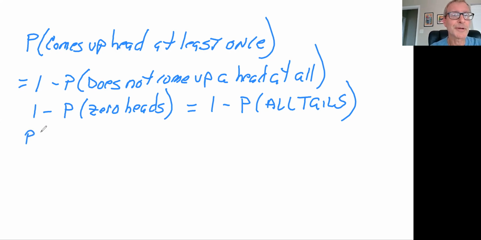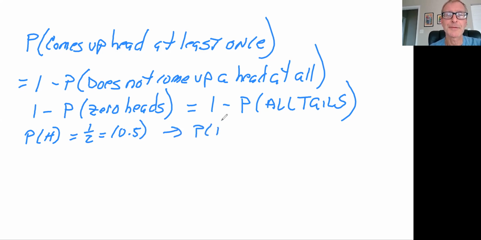So the probability of a head would be 1/2 or 0.5, and the probability of a tail, exactly the same thing, 1/2, or 0.5.